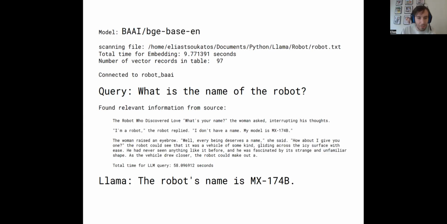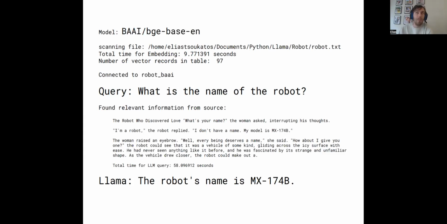You see the robot responds, I am a robot. The robot replied, I don't have a name. My model is. So it's saying the robot's name is the model. The answer to the question is not correct.